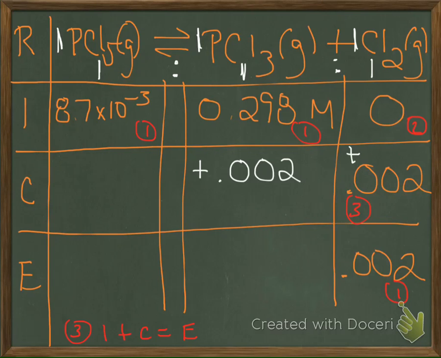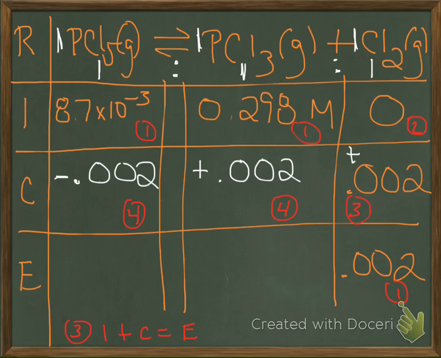But at the same time, because reactants disappear, we want to say that it is decreasing by the same amount, 0.002. And so that is step 4 there.